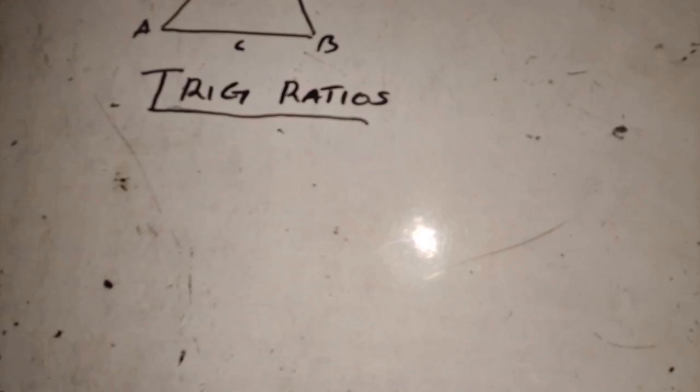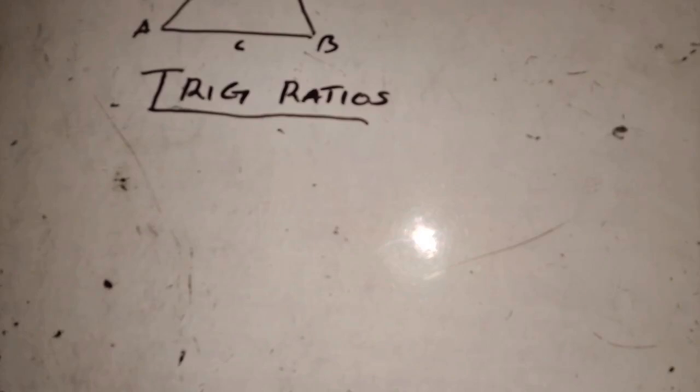So trig ratios is the relation between the sides and an acute angle. We know what an acute angle is: an angle less than 90 degrees.